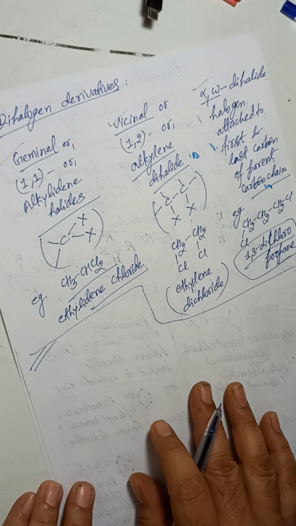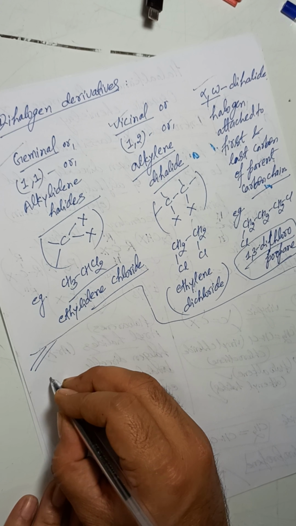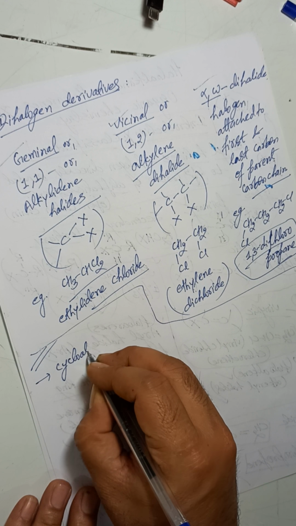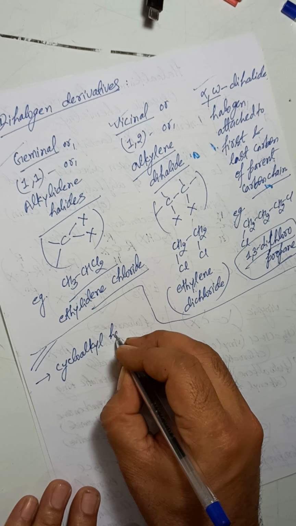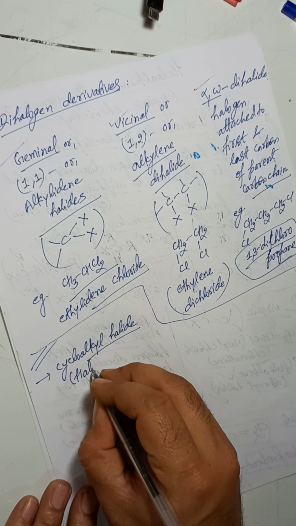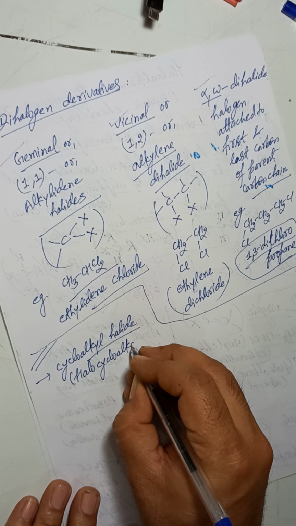We also have some other types which we may discuss, like if somebody says, what is a cycloalkyl halide? It can also be called a halocycloalkane.